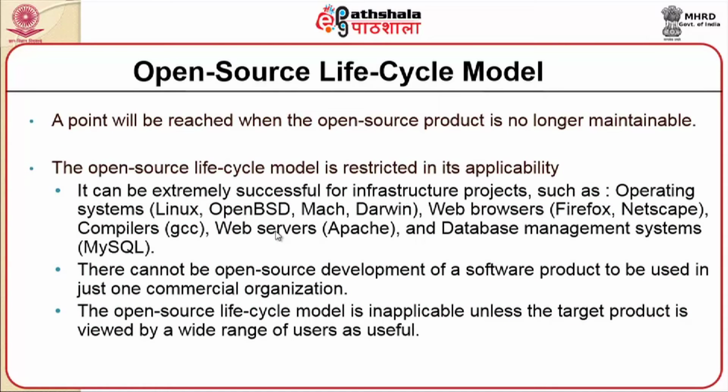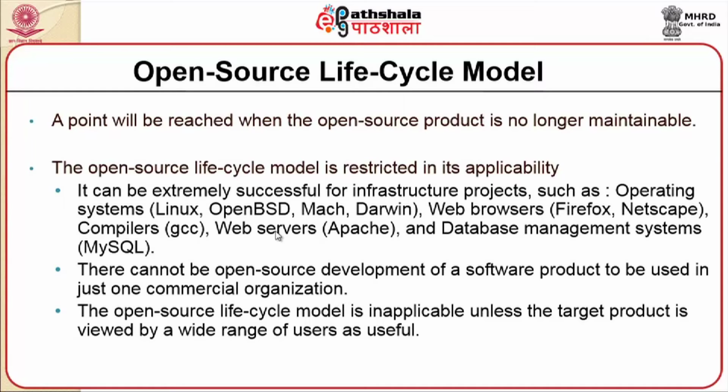A point will be reached when the open source product is no longer maintainable. So the open source lifecycle model is restricted in its applicability. It can be extremely successful for infrastructure projects, such as building a new operating system. Today, many people work with open source operating systems like Linux, Mac Darwin and OpenBSD, and there are open source browsers like Firefox and Netscape, compilers like GCC, web servers like Apache and database management systems like MySQL.